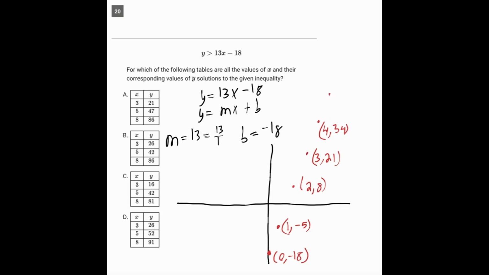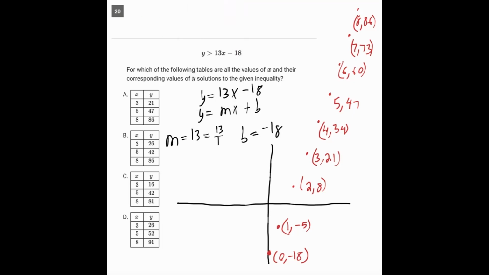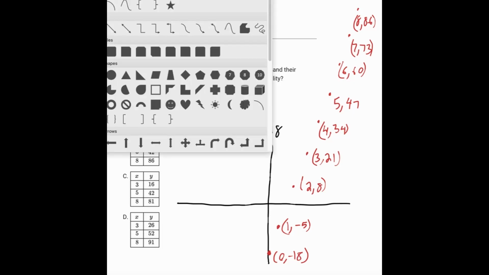So continuing onward, (5, 47), (6, 60), (7, 73), and last but not least, (8, 86). So now we have a much stronger idea of where our line and our inequality will lie.